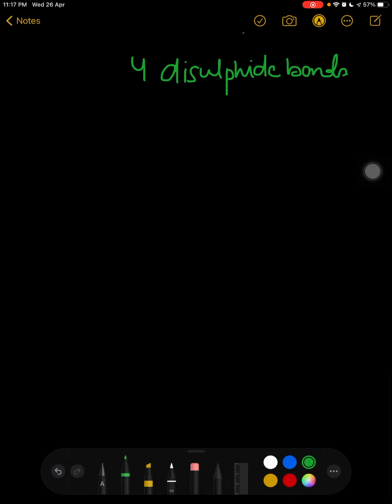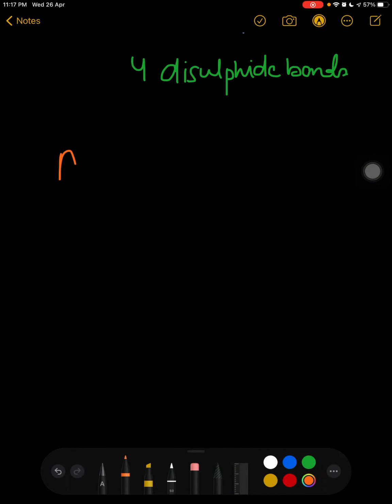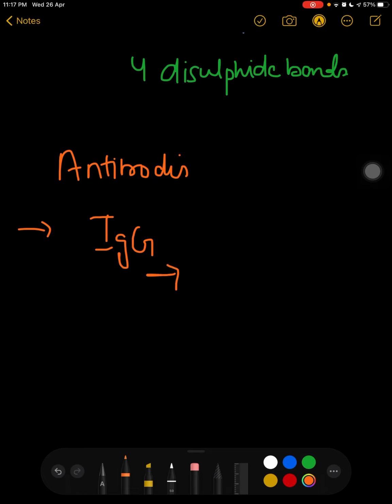Now let's talk about some types of antibodies. Right, so first we have the IgG antibody, which is basically transplacental.